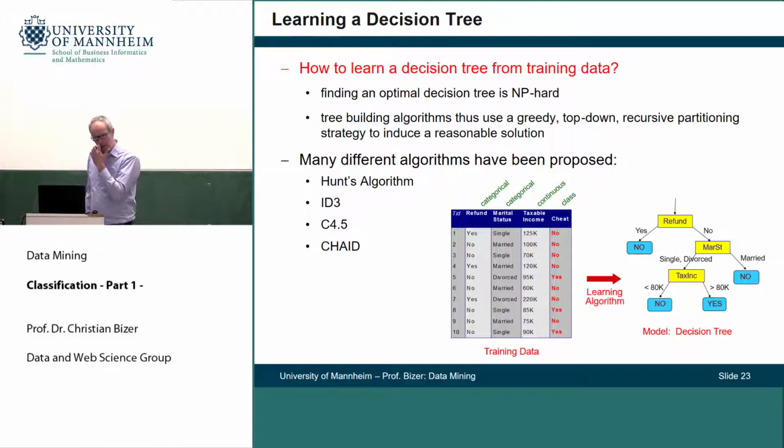The basic idea of these heuristics is that we use a greedy top-down approach. So we always locally check what is the best attribute split, then we apply the split, then we have 2 new data sets, then for these data sets we again check what's the best split, and by doing this in a recursive top-down fashion we build our trees.